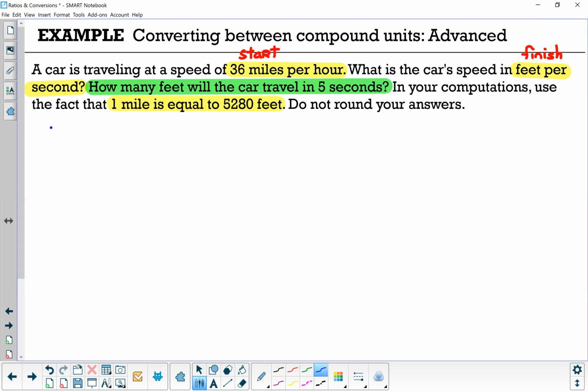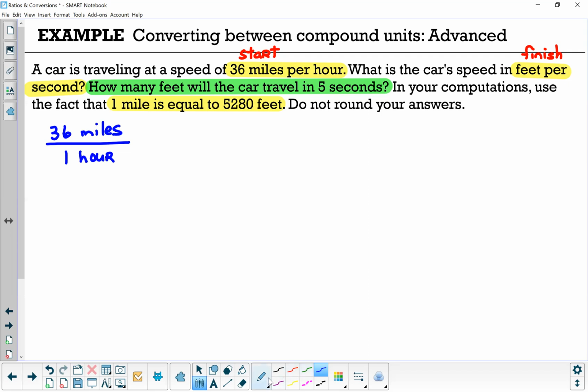All right, so we get 36 miles, and since it says per hour, we know that's going to be over 1 hour as a fraction. Okay, now to get to feet per second, we're going to worry about converting either the numerator units or the denominator units, one step at a time.